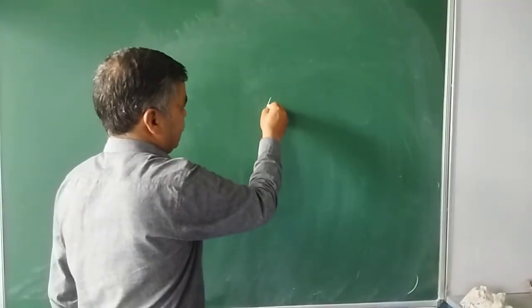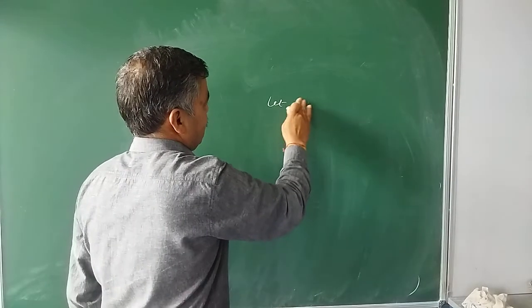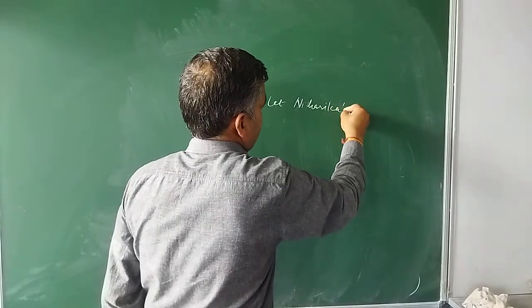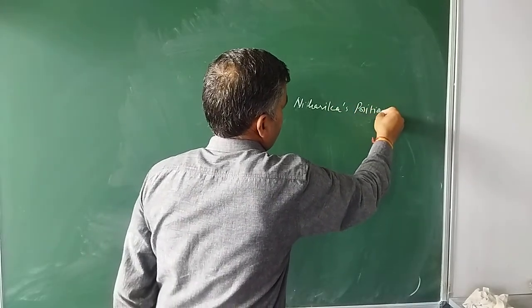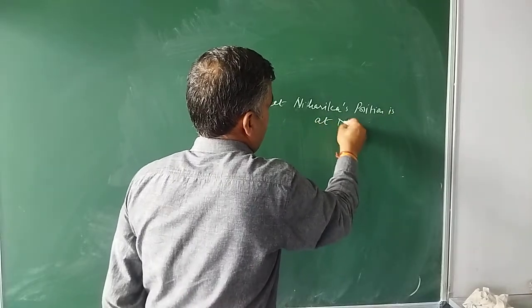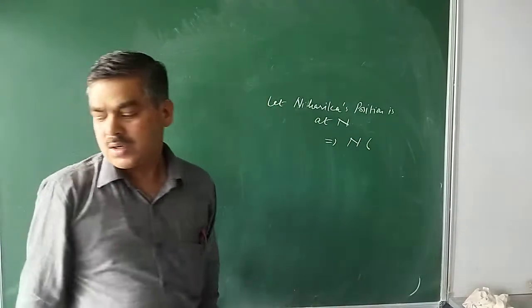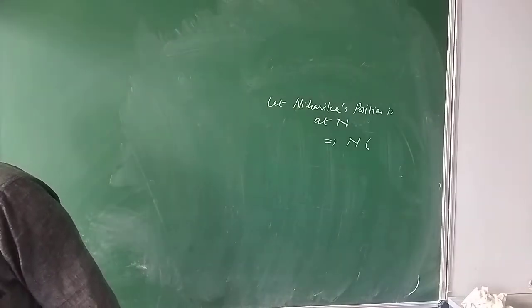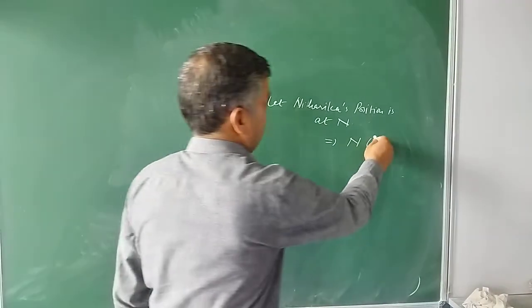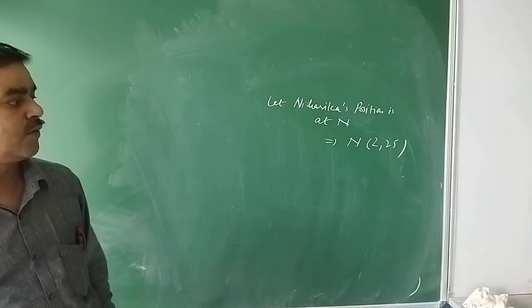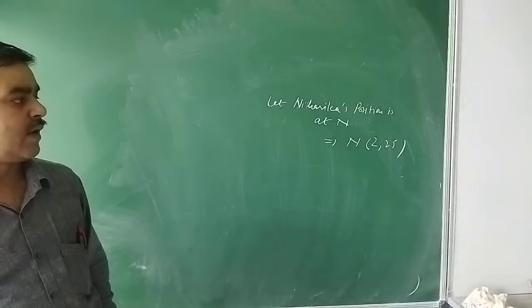So let Niharika's position be at N, so N is equal to (2, 25), second row, and 1/4 of AD, that is equal to 25.